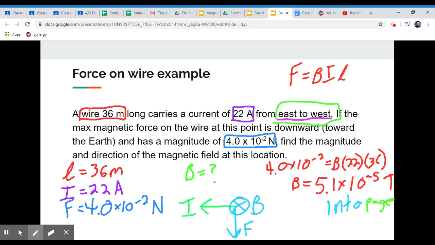You can either say into the page, or since we're deeming this direction of the current as west, just like a compass, and this force is downwards towards Earth, you could say the B field is going north.